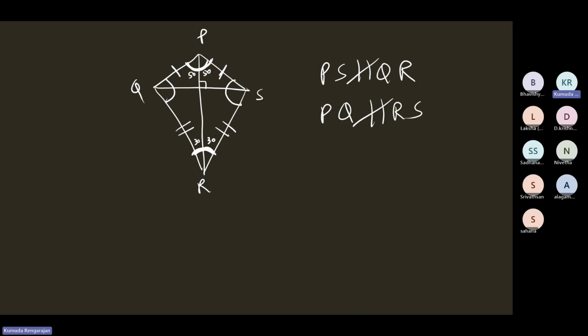So where do we find the pair of opposite angles which are equal? At the ends of the shorter diagonal. And the pair of opposite angles that are unequal are at the ends of the longer diagonal. So one pair of opposite angles equal, one pair unequal.